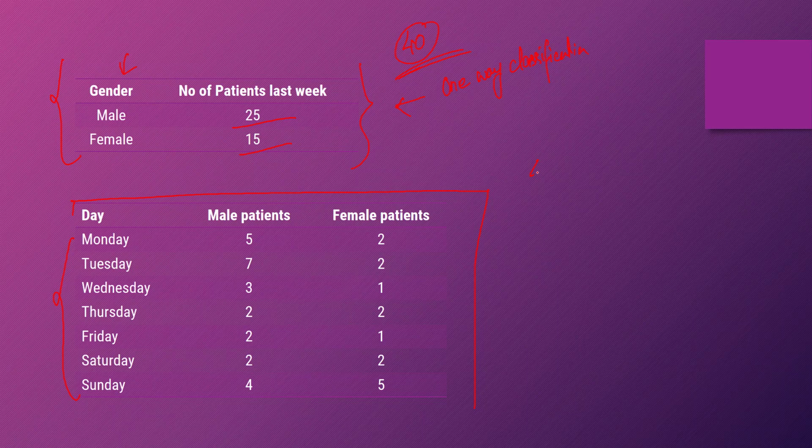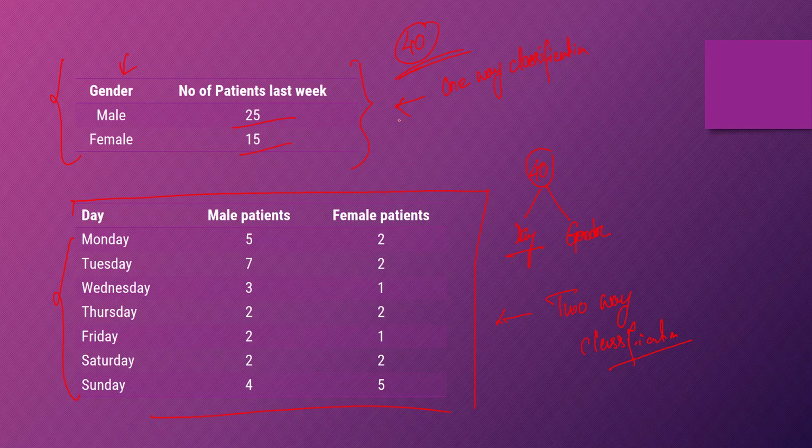So the same 40 patients have now been classified according to two different categories or characteristics. One is the day on which they were admitted, and another one is gender, right? This kind of table is called two-way classification, right? So these are called two-way classification.